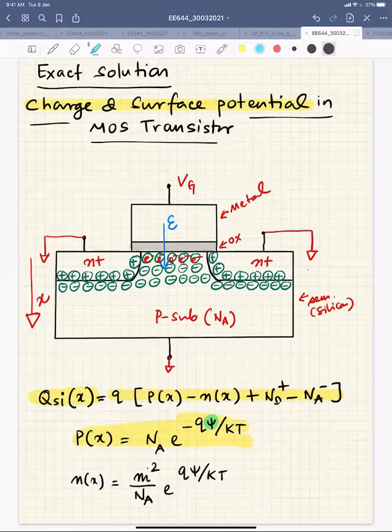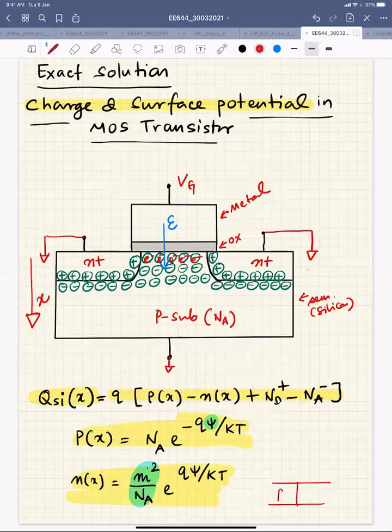And Nx is my number of electrons. This is the usual standard equation, because the number of electrons injected from source to substrate is the number of electrons present earlier, Ni squared by Na, times e to the q psi by kT. This is the same as in a PN junction.